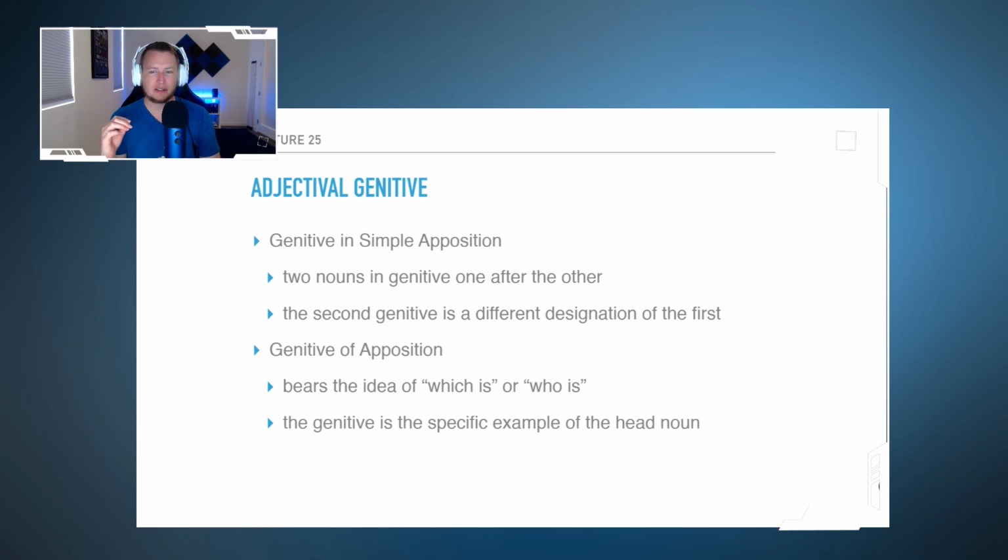They're practically synonyms describing the same thing or person, okay? Now, they may not be synonyms. They might be completely different things. So the same thing can apply even with words that aren't synonyms. Both genitives are describing the head noun. Now, in English, I typically separate them with a comma.